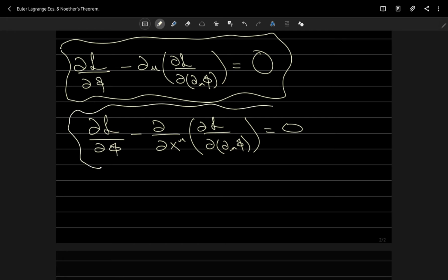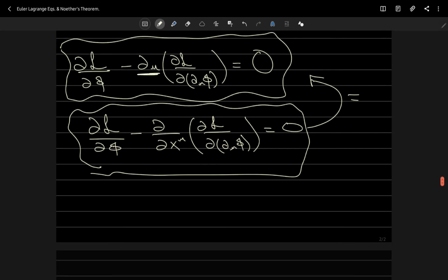So these two are just the same things, right? They are equal. It's just that I have expanded this partial mu. So sometimes you might see the equation like this, and sometimes you might see it like this. Just pointing this out so you don't get confused. Hopefully you would not, right?